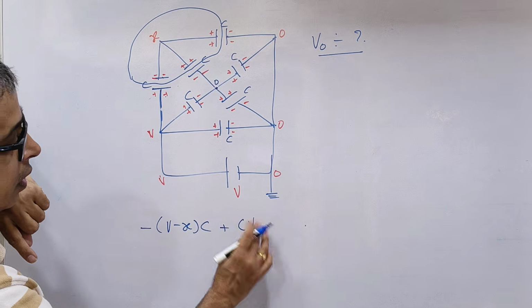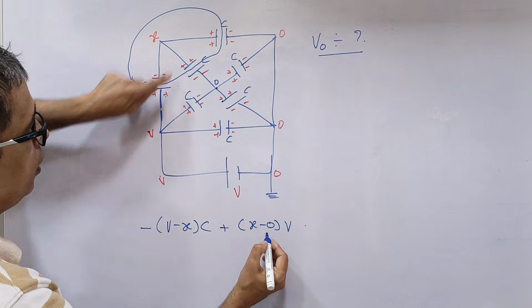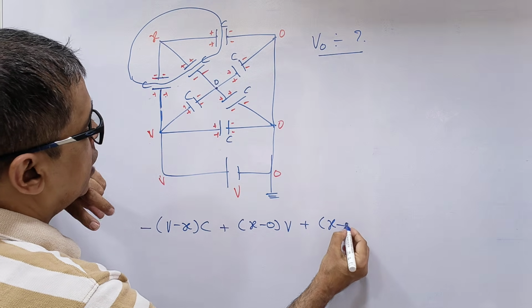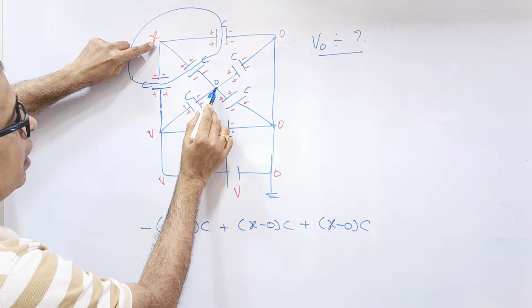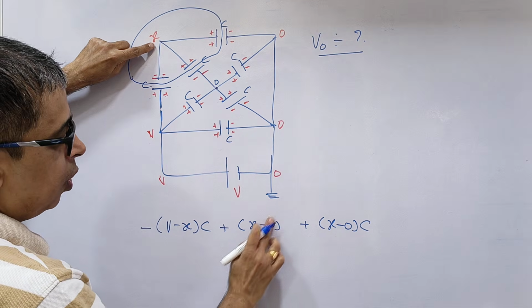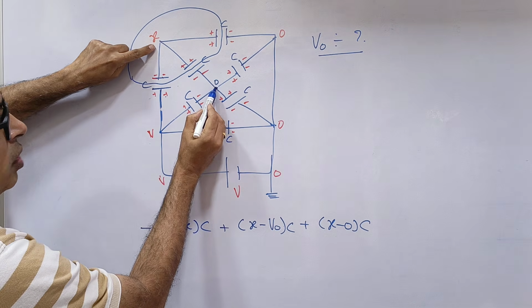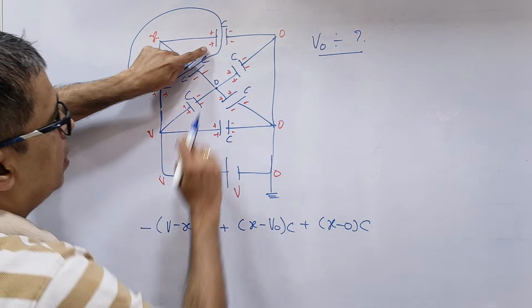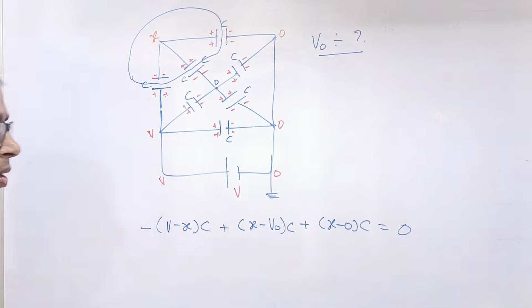Plus X minus 0 into C. X minus, this will not be 0, this will be V naught, my bad. X minus V naught into C is the charge here. X minus 0 into C is the charge here. Net total charge will be 0.